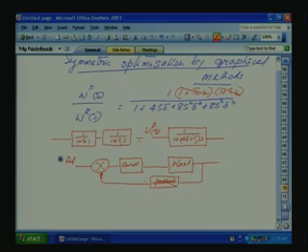What we want, let us find out the open loop gain. Open loop gain means we are removing this one. For ideal control, the feedback coming here should always track the reference.